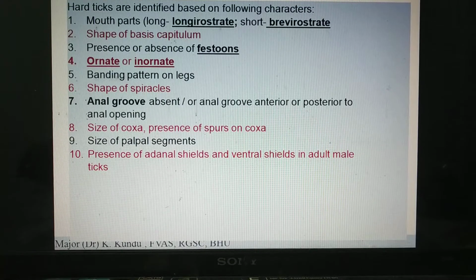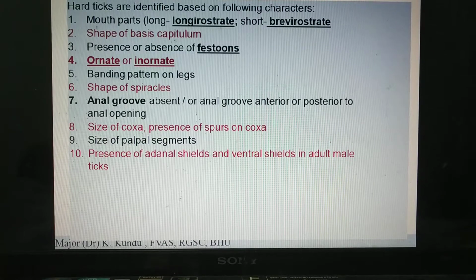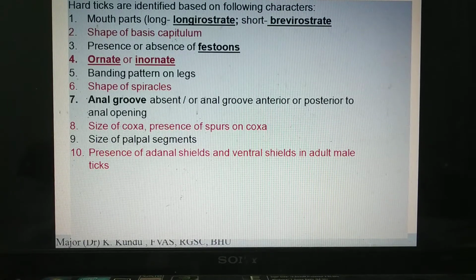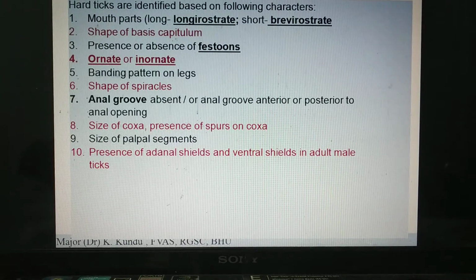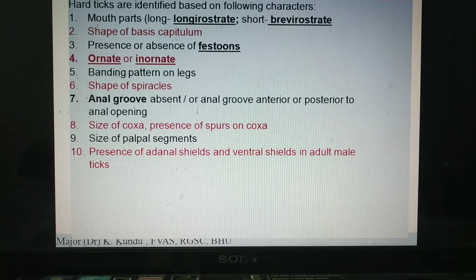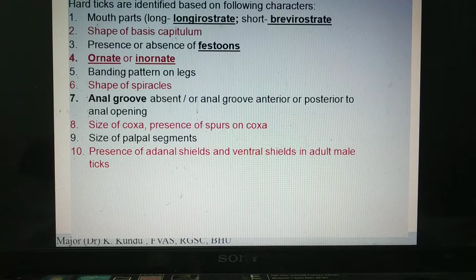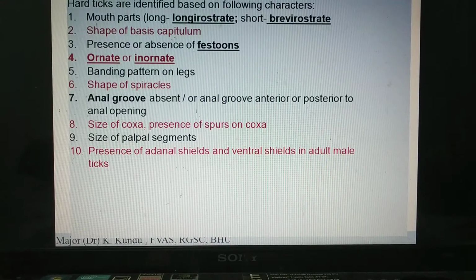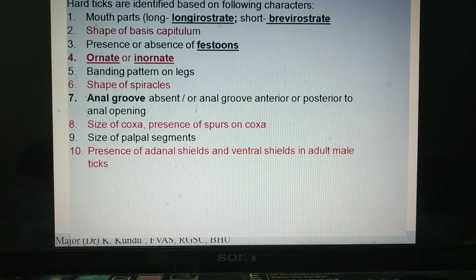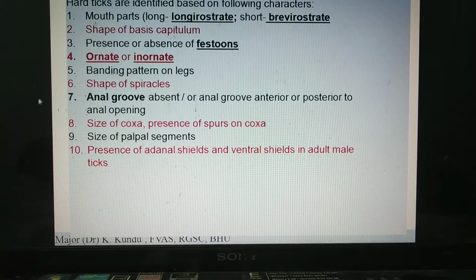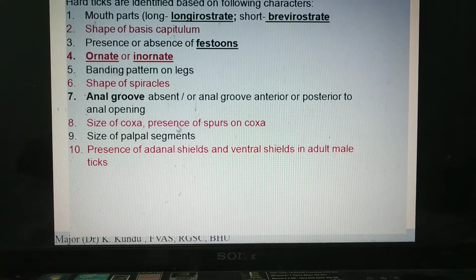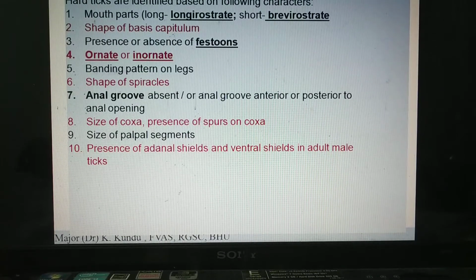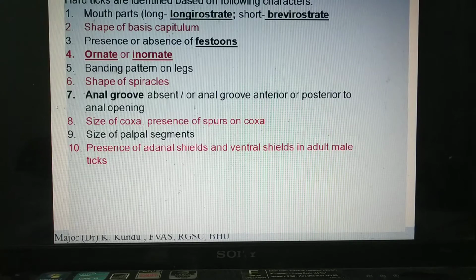Depending upon the genus, this groove can be anterior to the anus, it can be posterior to the anal opening, or it may be totally absent. We will see that later on. Then the size of the coxa. As you remember, we discussed the coxa of the first walking appendages.